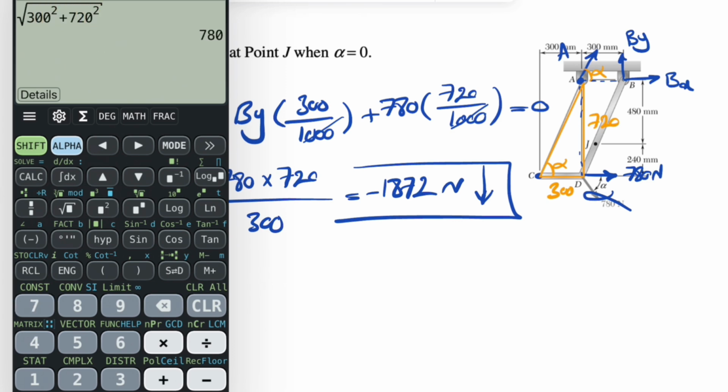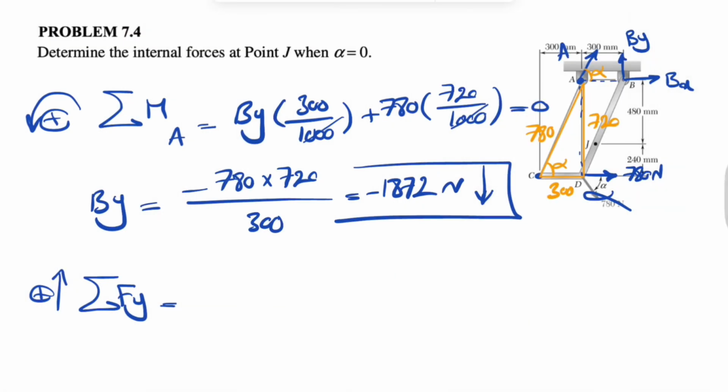That's going to be 780. So now we can find the x and y component pretty easily. So for A, the y component would be A sine of alpha, and the sine of alpha would be the opposite over hypotenuse, or 720 over 780, plus By, which we found is minus 1872. And that's pretty much everything in y direction, equals 0.